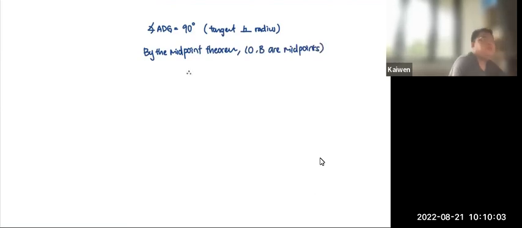Therefore we know that OB is parallel to DG. What's the point of doing this? It is so that I can establish angle AOB. Angle AOB equals 90 degrees. The reason is because of parallel lines, corresponding angles.